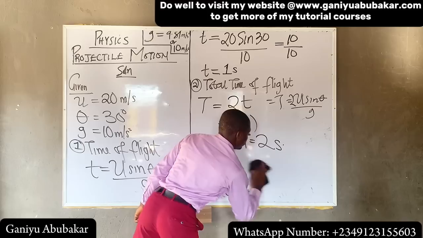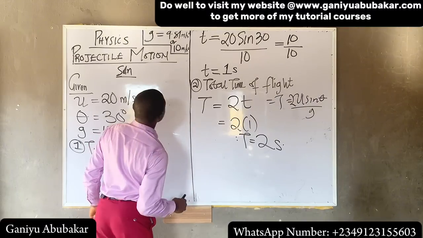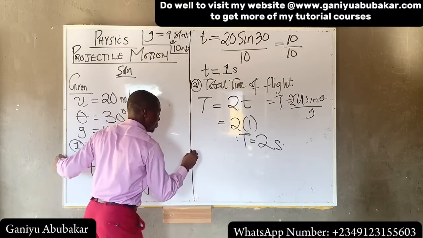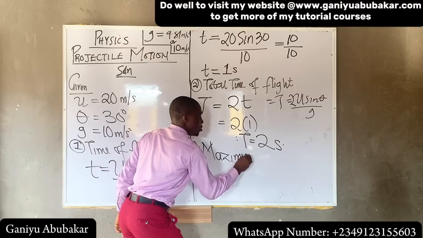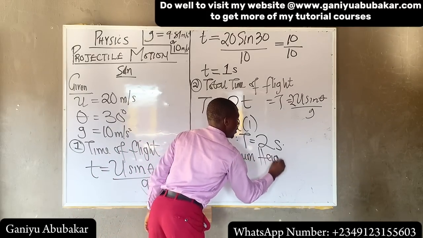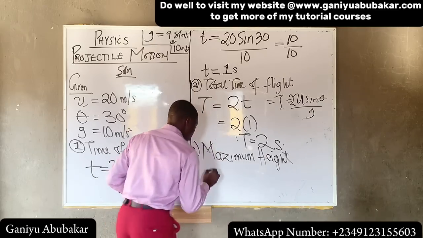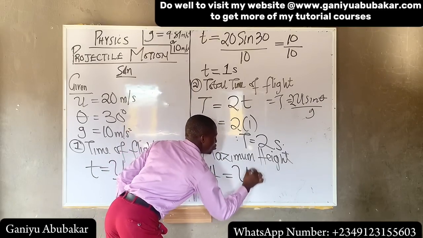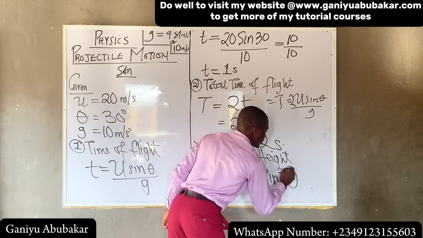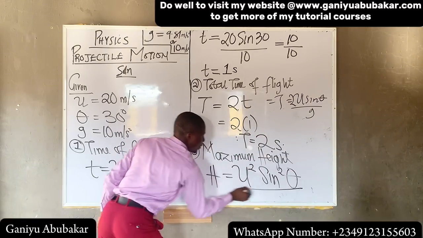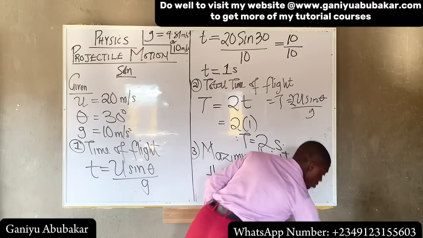What next there? Maximum height. Number 3. Let's get that done. That's capital H. Capital H equals u squared sine squared theta over g.